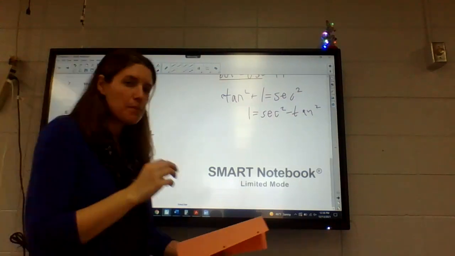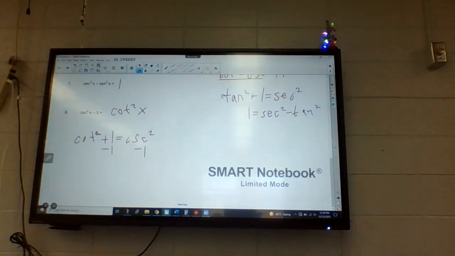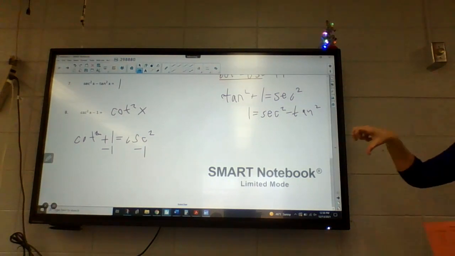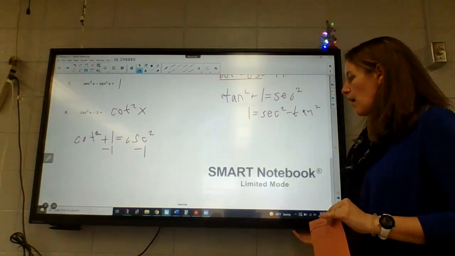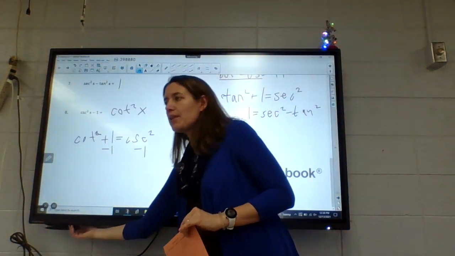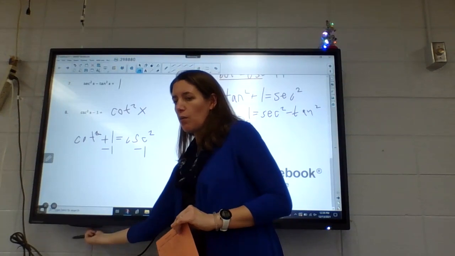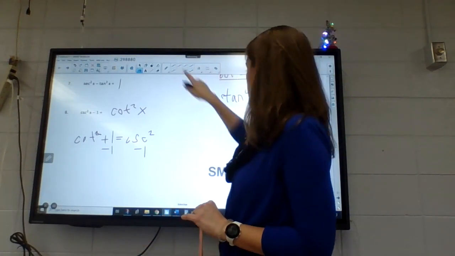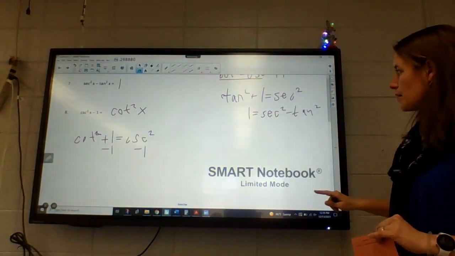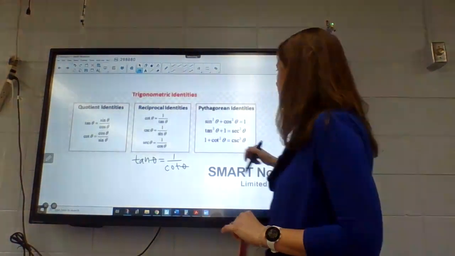Now, one of the things I want to point out with these rules is that some of these rules involve things that are being squared and some of them don't. These squared rules only apply to functions that are squared. So sine plus cosine doesn't just equal 1. Just making sure you guys got that covered. Let me write that out here.